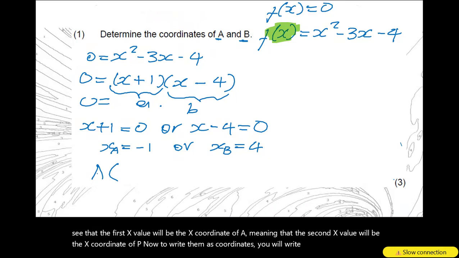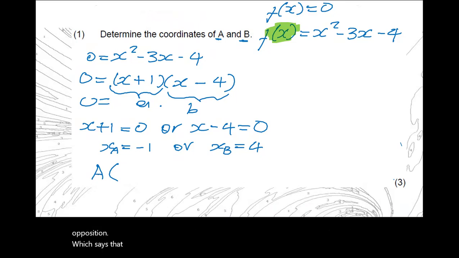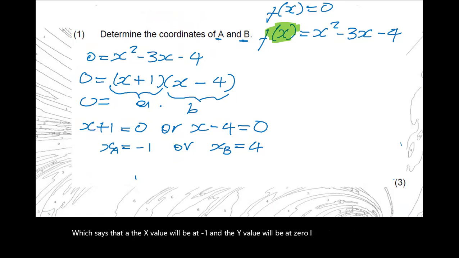A coordinate is a position which says that for A, the x value will be at -1 and the y value will be at 0. I think I have explained why that is the case.